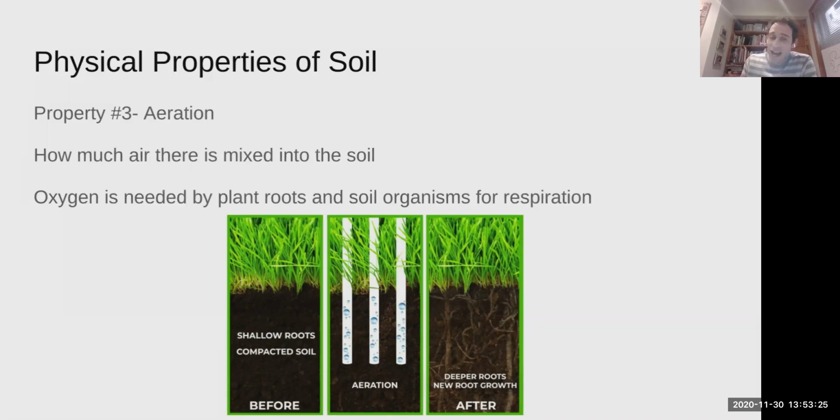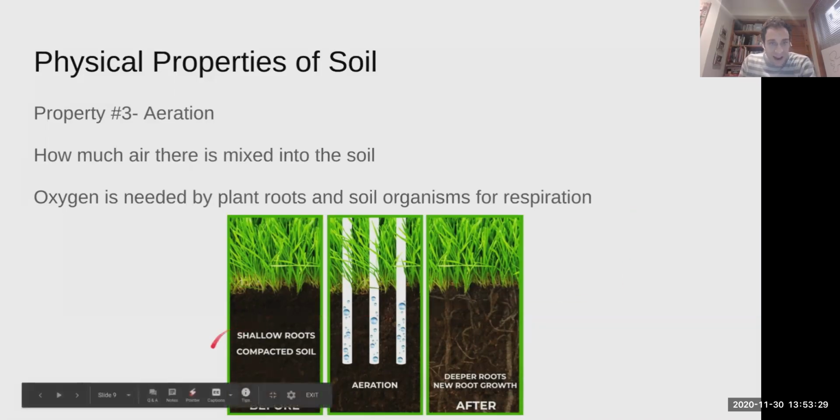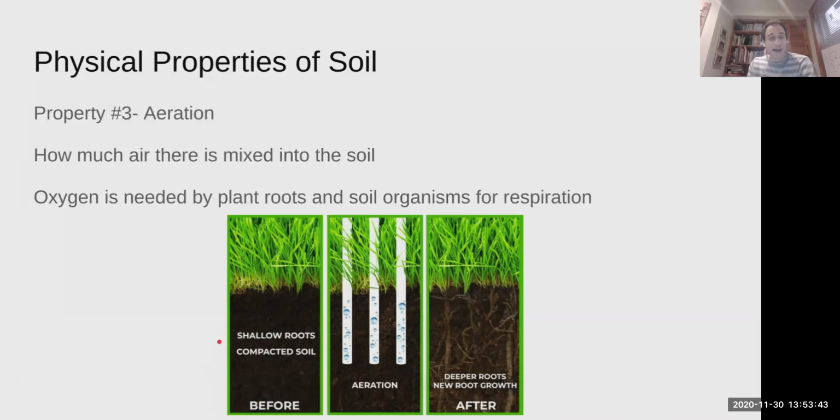Soil that is not well aerated, we describe that as compacted, and that will leave not enough oxygen for the vital biota in the soil, those living organisms, the worms, the bacteria, and all that. There will also be not enough oxygen for the roots to respire, and there won't be room for the roots to actually extend and grow deeper and get down into the soil.